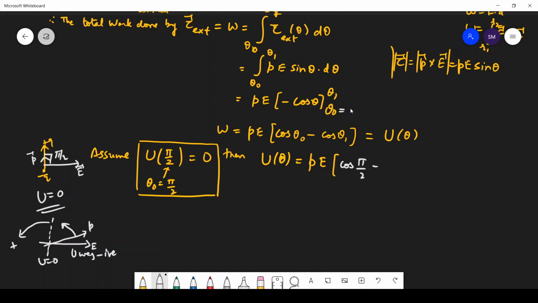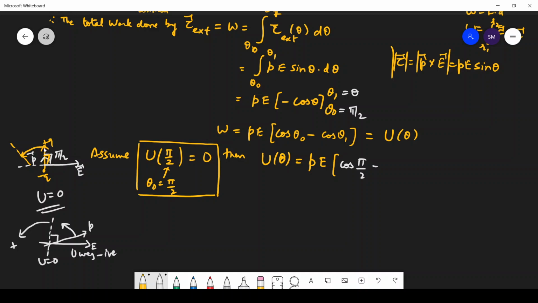I am rotating it from here to here. I started from this point and I am rotating it in this direction. So this is my theta naught, and this whole angle is theta 1. This was my initial position and this is my final position.